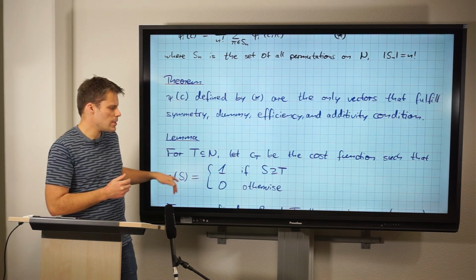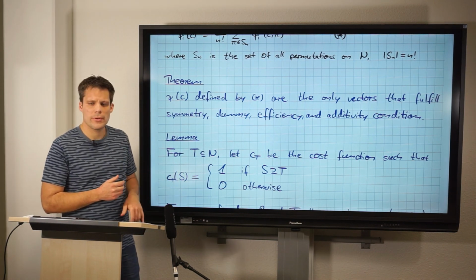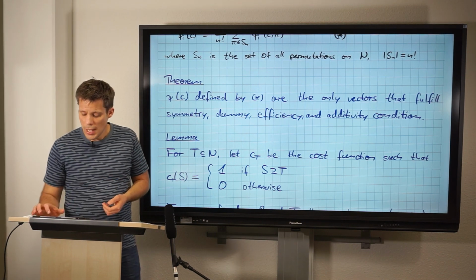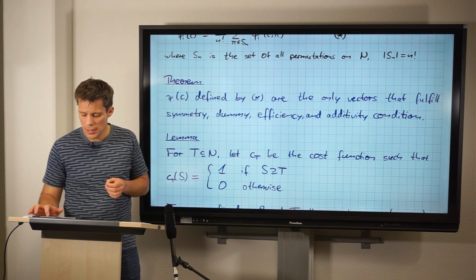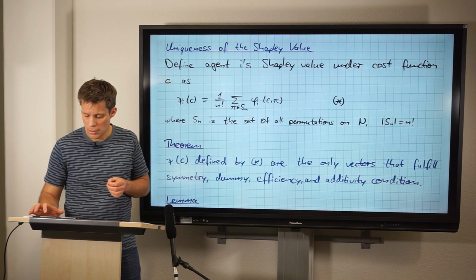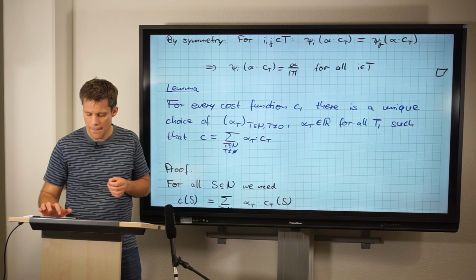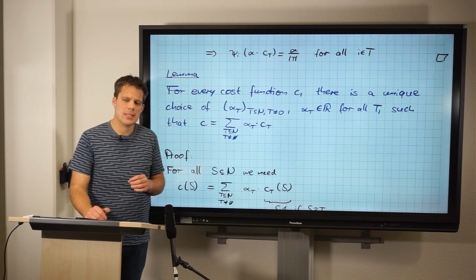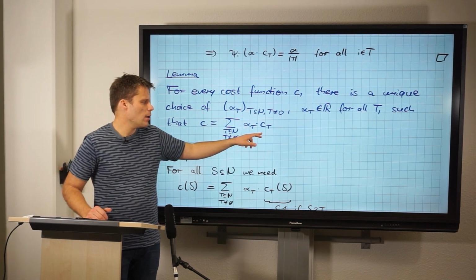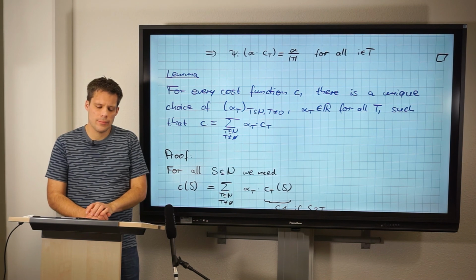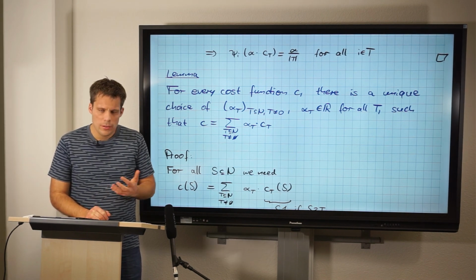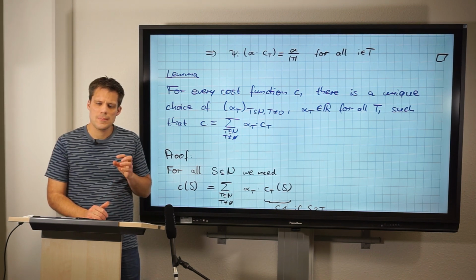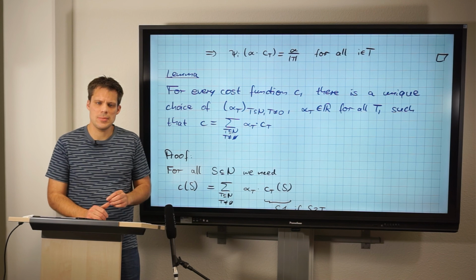And what we saw is that this already holds true for these CT or alpha times CT functions. And now we have that also every function can be uniquely expressed as a sum of these alpha times CT. So this immediately means that this psi function has to be unique.